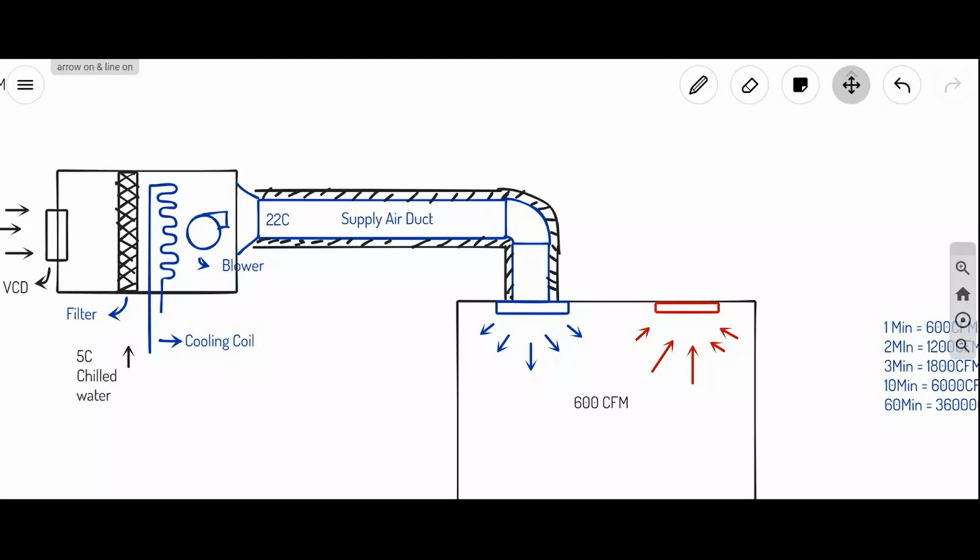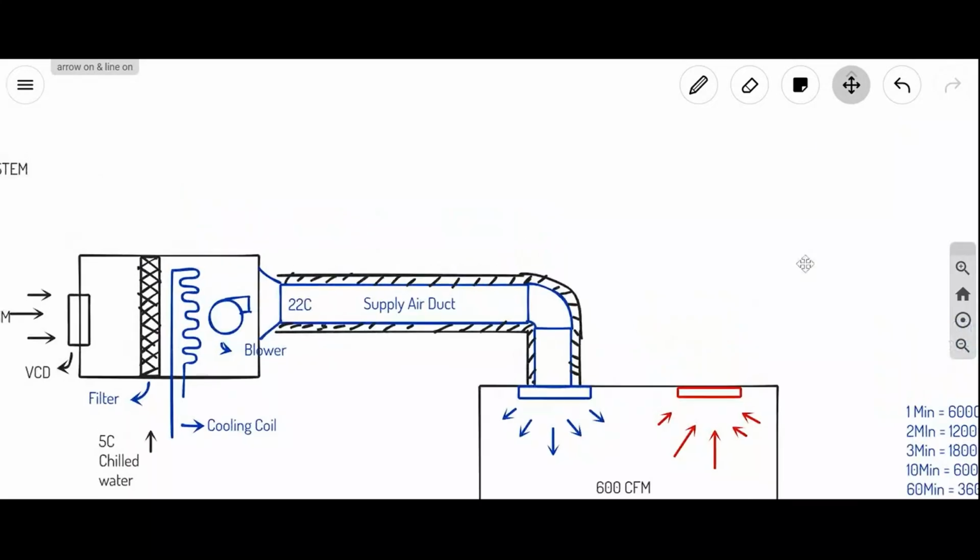Yes, Santosh, you have some doubt? Tell me. So by reusing this air, we can save the power.